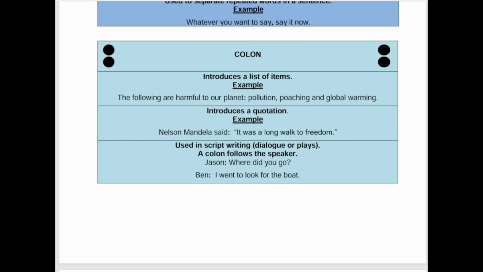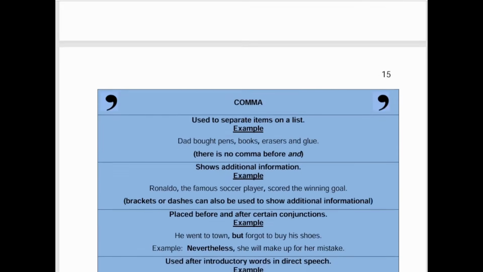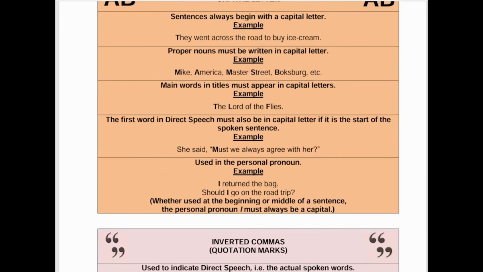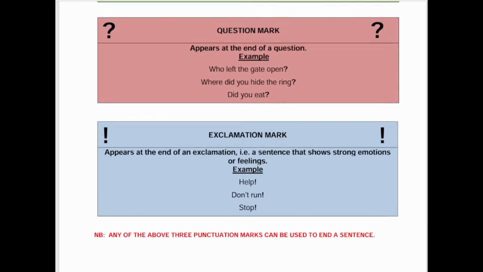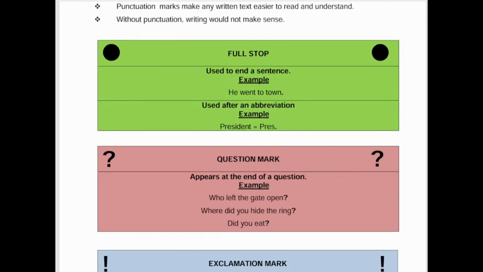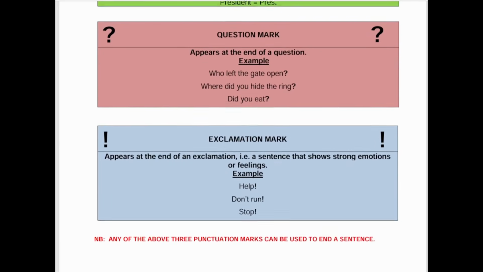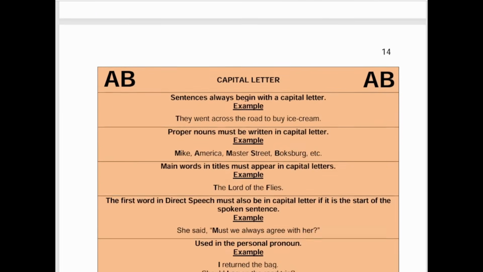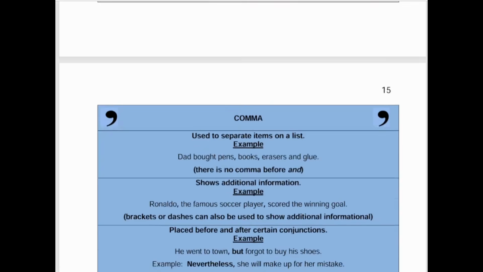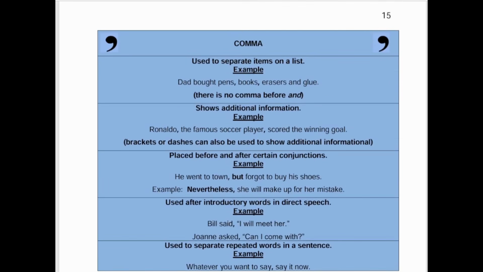Let us go back to the uses of a comma. Remember we said a comma is used to separate items on a list.